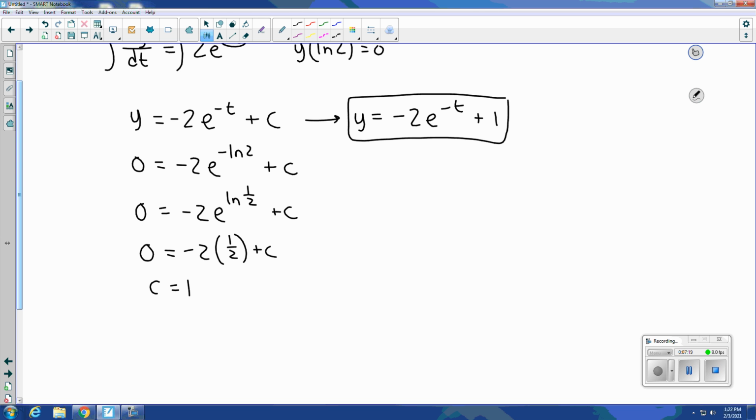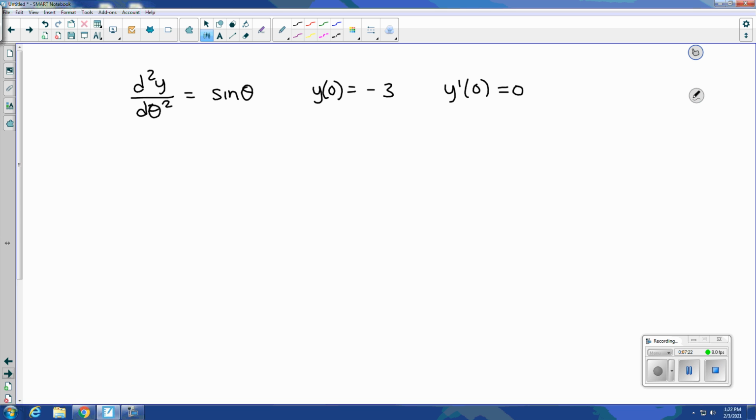And then one more example. Let's say we're given a differential equation with a second derivative, and we have an initial condition for the first derivative and for the original function y. So we still want to integrate both sides. Upon integrating both sides, the antiderivative of that second derivative is the first derivative, which is going to be negative cosine of theta plus c.